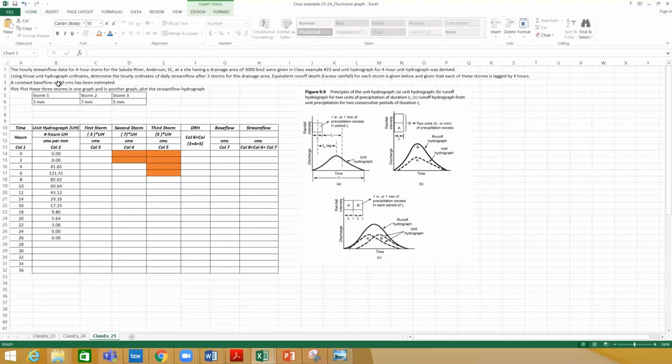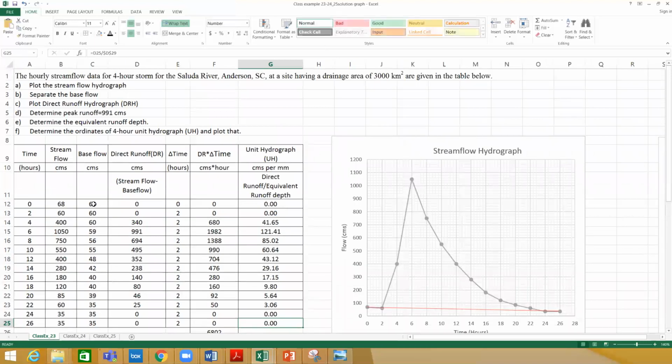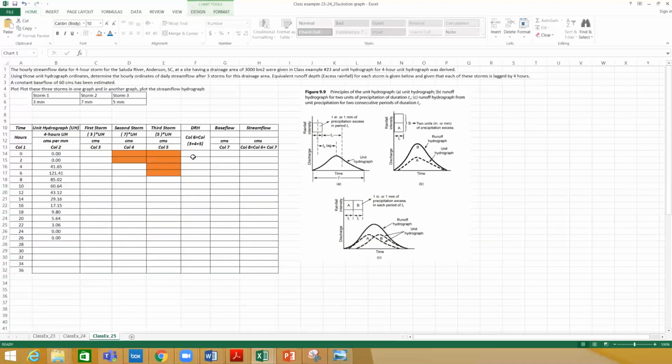A constant base flow of 60 cubic meter per second has been estimated. So here we had a different base flow before, but for this question, they already told us a constant base flow of 60 cubic meter per second. So we have to find what will be the streamflow after these 3 consecutive storms, and the calculation procedure will be exactly opposite. We will start from the unit hydrograph and find the streamflow.